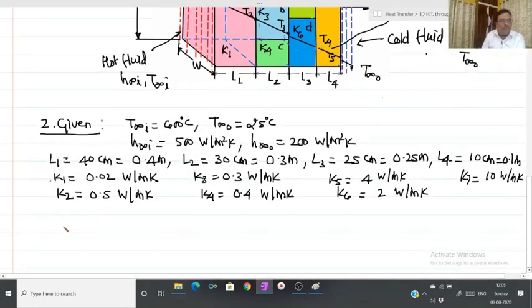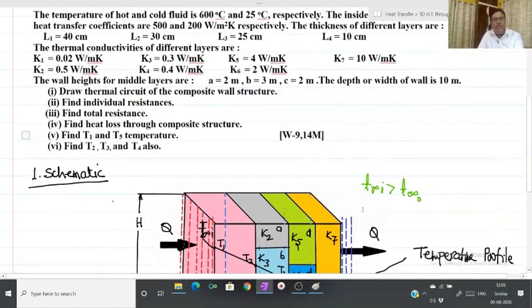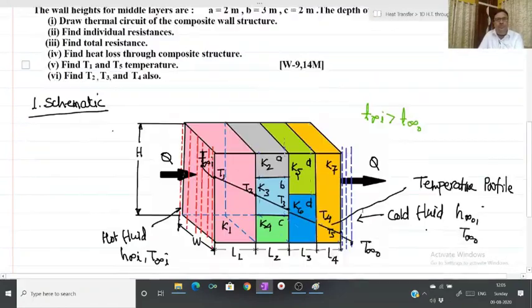Then the heights of the different materials are given, where A is equal to 2 meter, B is equal to 3 meter, and C is equal to 2 meter, and the width or depth of the wall is given as 10 meter.